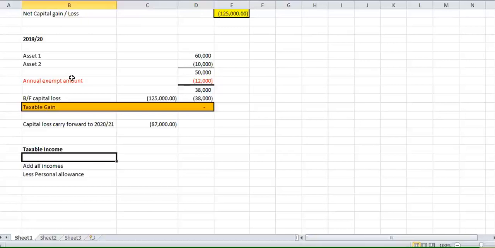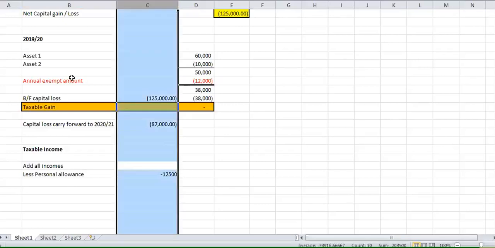So just like capital gains tax, a fixed relaxation is also available in the income tax, amounting to £12,500.